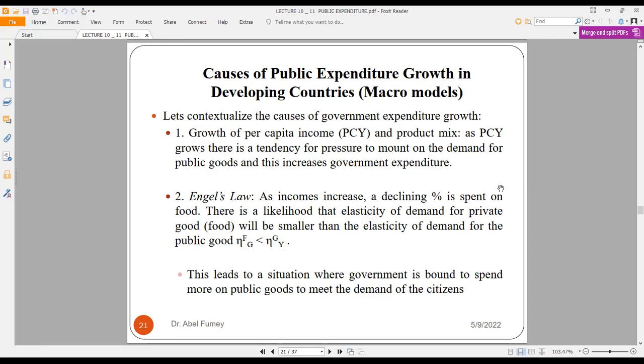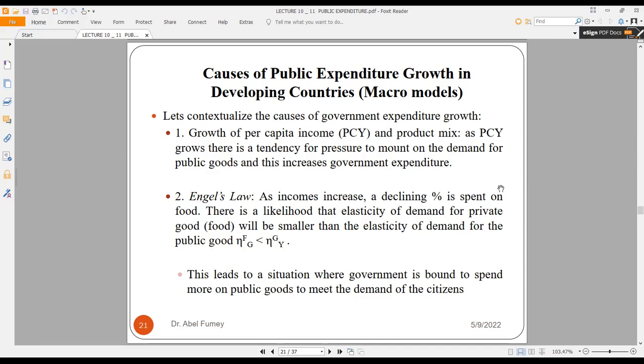And then Engel's Law. What it means is that when people are getting a lot of money, there's a reduction in the percentage of their income that they spend on food. If you get a lot of money, we don't normally change the quantity of food that we eat much. So assuming you had 100 cedis and you were spending 10 on food, that would be 10% of your income.